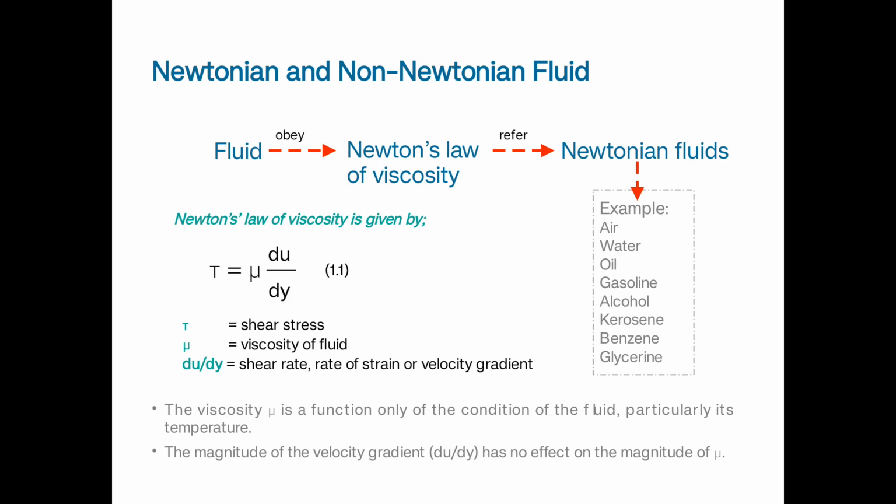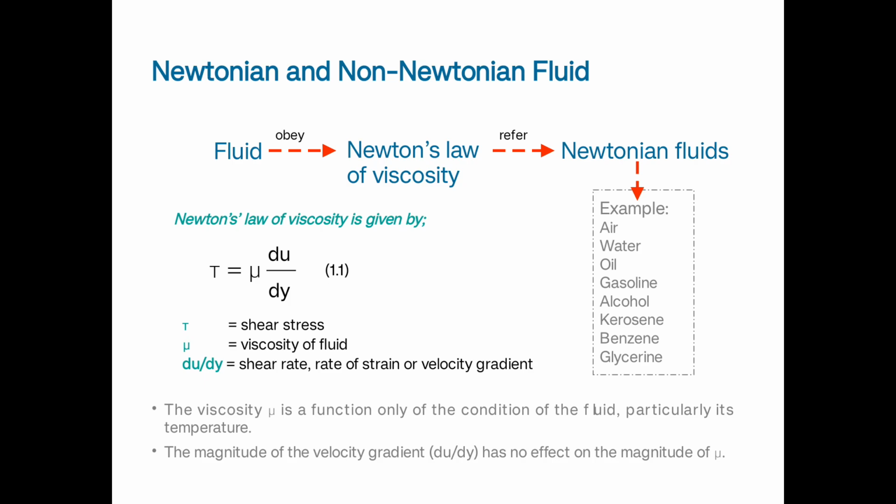Got it? Okay. So whenever a fluid is said to be a Newtonian fluid, it must obey Newton's law of viscosity. Some of the examples are, as I said, the essential fluids which make us survive on this planet Earth: air, water, and of course oil, without which we cannot think about what we are cooking and eating.